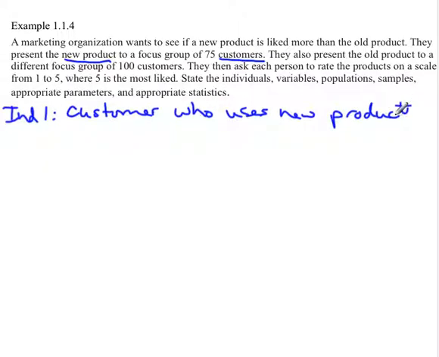I usually consider individuals as being singular, and then when you put them together in the populations you get the plural. Individual two, if you look at that, you will see that it talks about the old product and again customers. So this would be a customer who uses the old product.